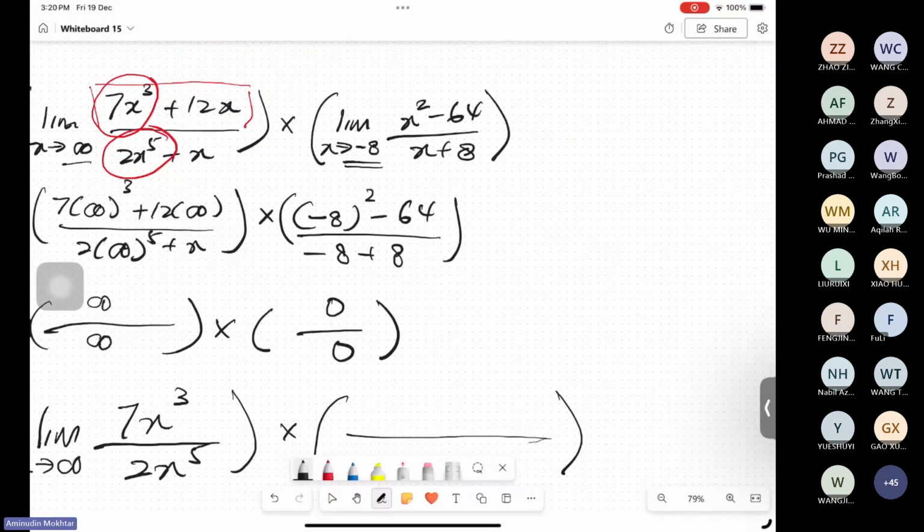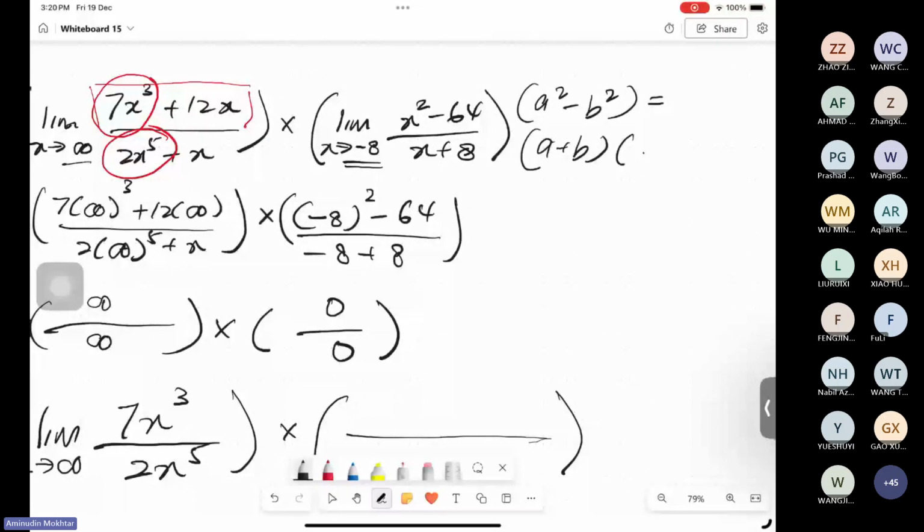For 0 divided by 0, refer to page 9. Based on this concept, there is a tip here. I hope you still remember that a squared minus b squared equals a plus b times a minus b. We need to transform the function into this form.